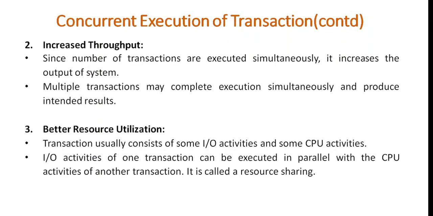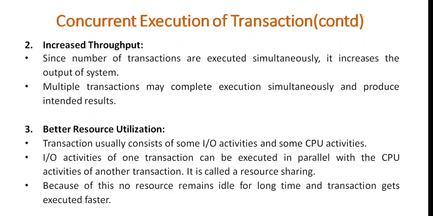If one transaction is accessing an IO device, then simultaneously another transaction can perform operations with the CPU. This is called resource sharing. By executing transactions concurrently, we can have better resource utilization, and because of this strategy, no resource remains idle for a long time.